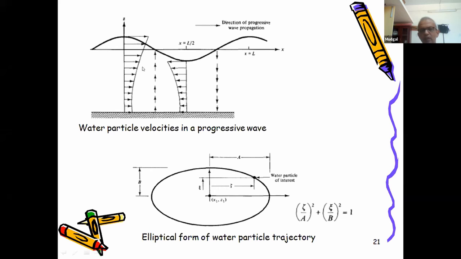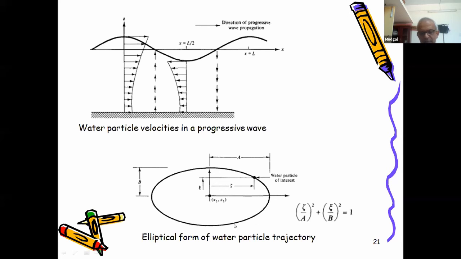Therefore, when you look at the particle trajectory, you will get an elliptical form of the water particle trajectory. On the top, because you have a horizontal component, it would be in this direction.